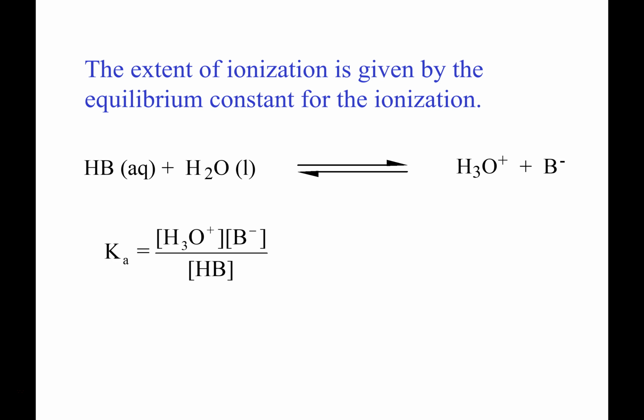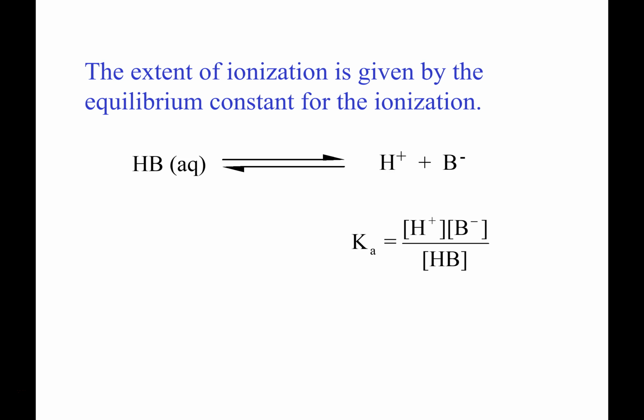So doing it this way, where we have the water molecule and the hydronium ion, it would look like this. Doing it without catching a ride from the water molecule, it would look like this. The difference is we have an H plus there instead of hydronium ion, which I said you can use interchangeably.